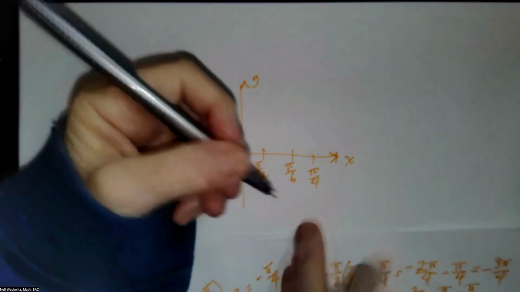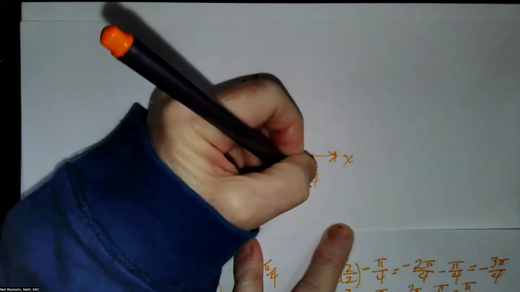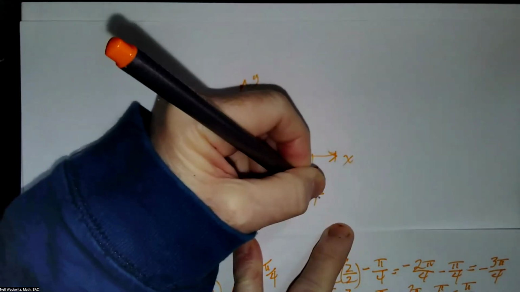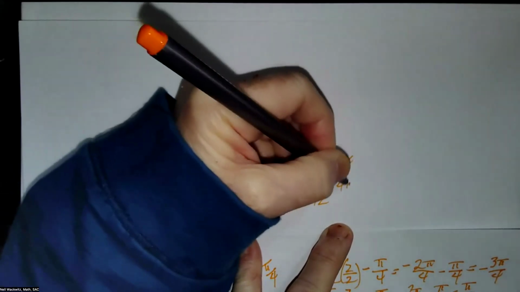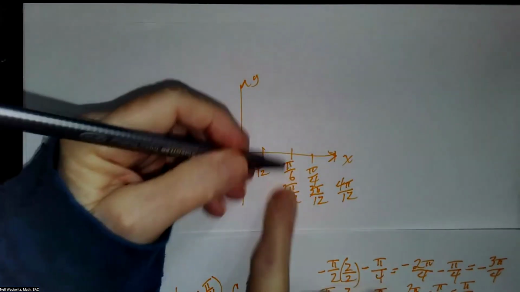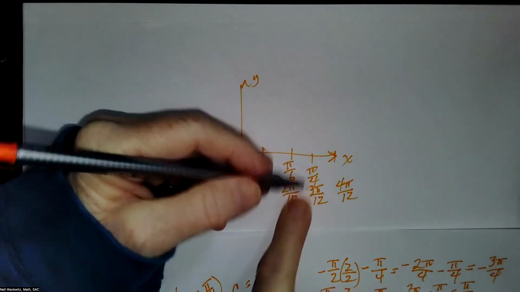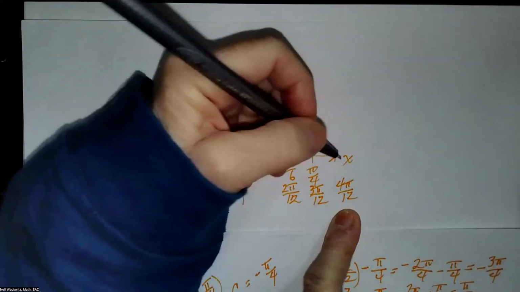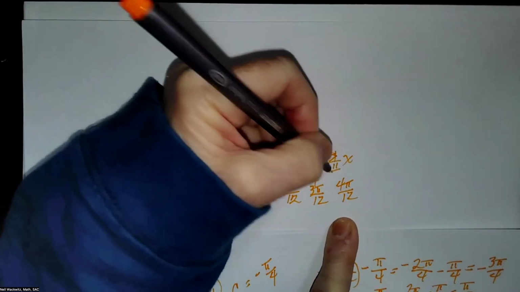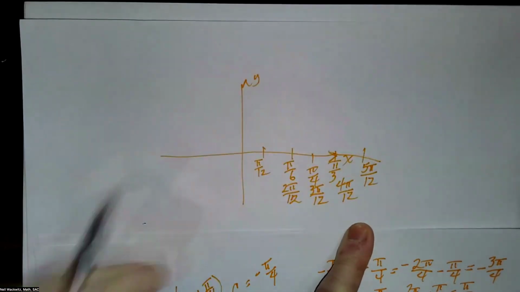I'm confusing myself. So I've got 2 pi over 12, 3 pi over 12, 4 pi over 12. This is pi over 6. Divide by 3, that's pi over 4. And then we get pi over 3. And then 5 pi over 12. We don't need to go any farther.